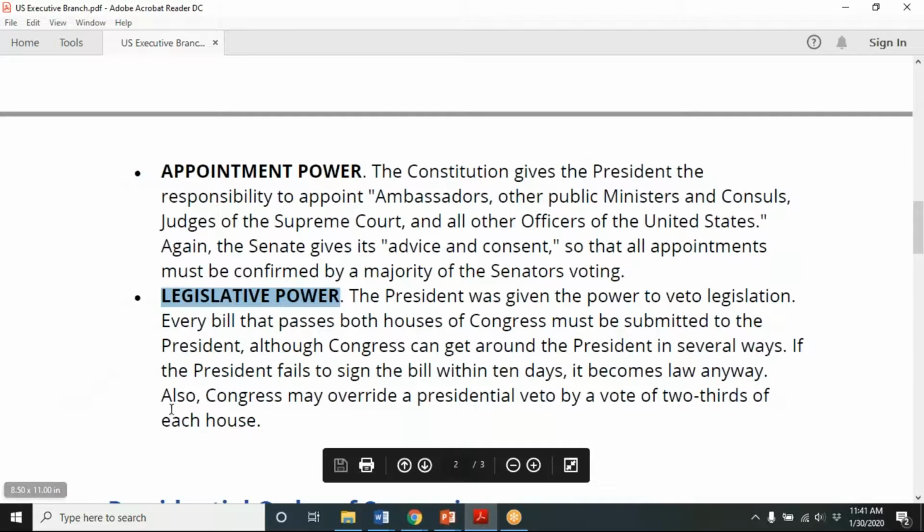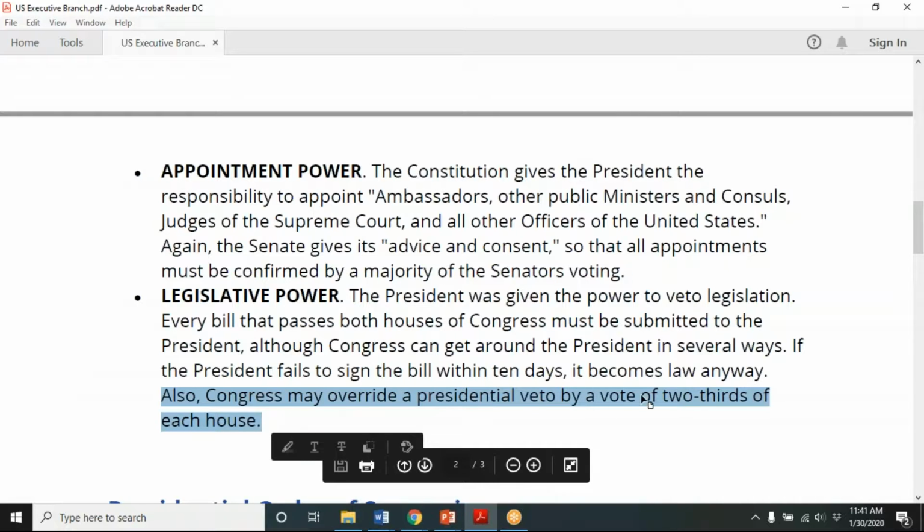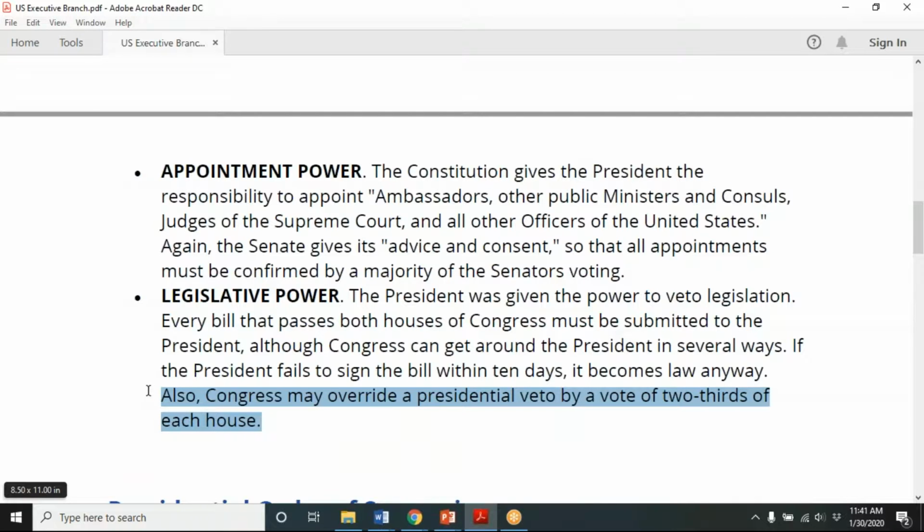Now, as you said, it says also Congress may override a presidential veto by a vote of 2/3 of each house. If the president vetoes it, he refuses to sign it to become law, it then goes back to the two houses of Congress. They can vote again, and if 2/3 say, hey, we still want this to be law, 2/3 of us feel very strongly that this should be law, then it can become law over top of the presidential veto.